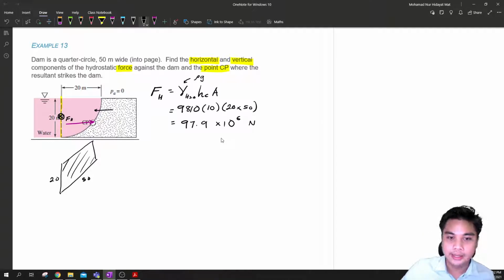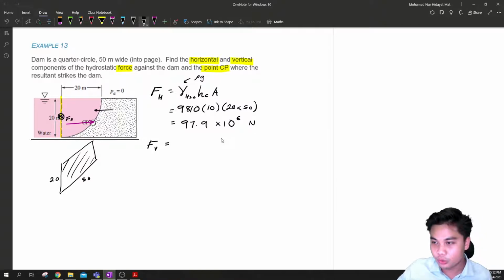Then you need to find the vertical force, which is FV. The vertical force is based solely on this liquid. On top of this curve, it is only liquid, and you can see this is a reference line, which means we ignore the atmospheric pressure.